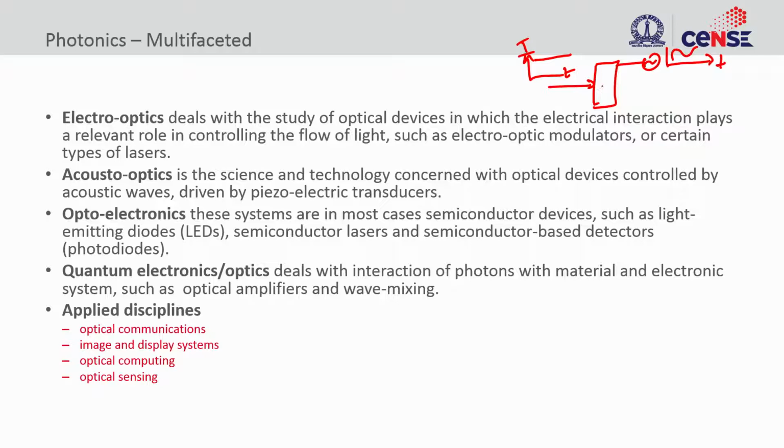Because the absorption of this material is related to the electric current or field that I am going to apply, the output intensity will also follow the electric field or electric current that we have. So, this is a very simple example of electro-optic effect. I can change the property of light by using electric field or charge in the system.